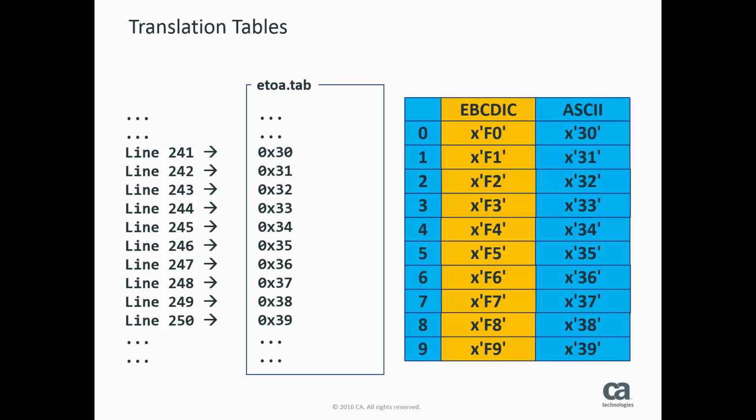Here you see the part of the E2A.tab where the numbers are translated. The EBCDIC values for the numbers are hexadecimal F0 to F9. After adding 1, this leads us to lines 241 to 250 of the table, where we enter the ASCII values hexadecimal 30 to hexadecimal 39 for the numbers.